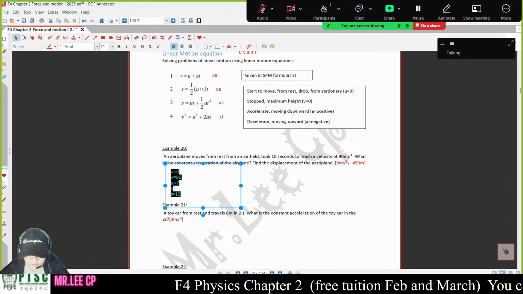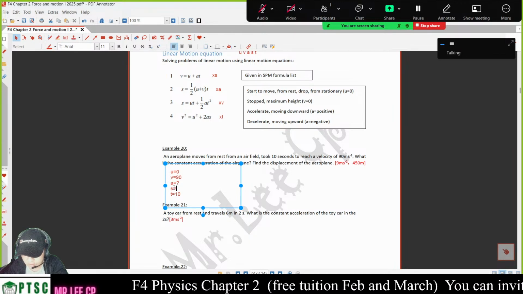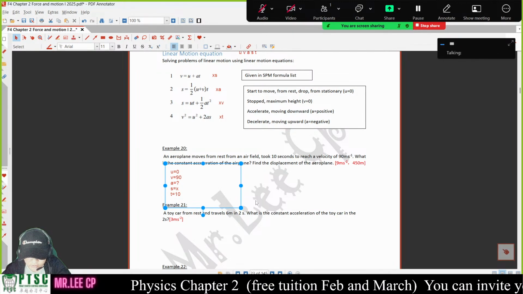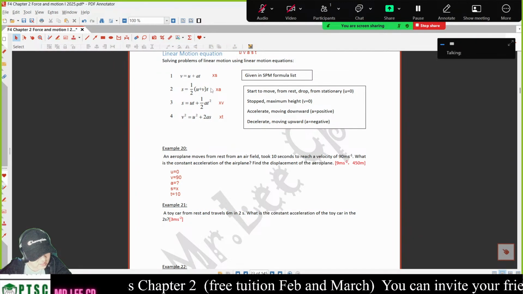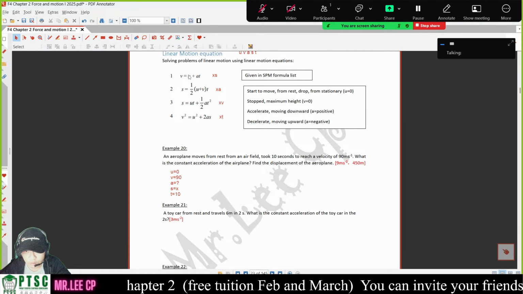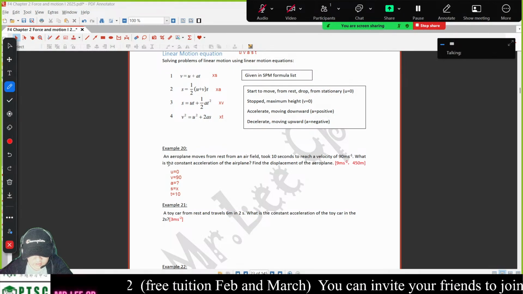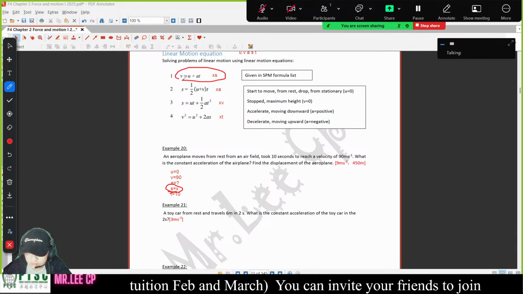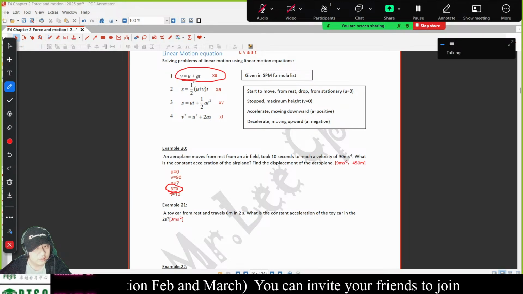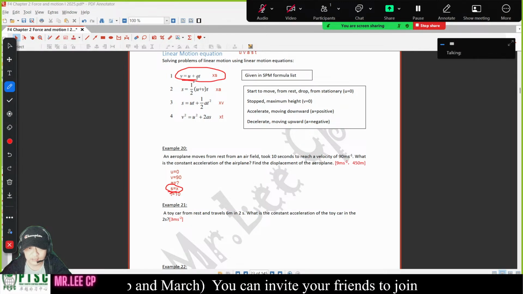This one, I don't have S, so I put it as X. So no S, so you need to use the first formula. You always choose the formula that doesn't have the thing you don't have. Don't have S. The first formula. If you use other formulas to substitute in, you cannot get the answer.